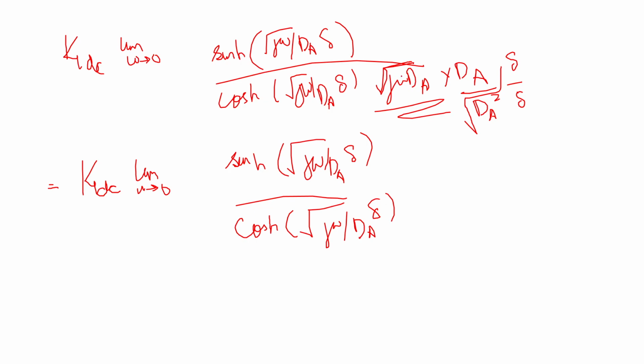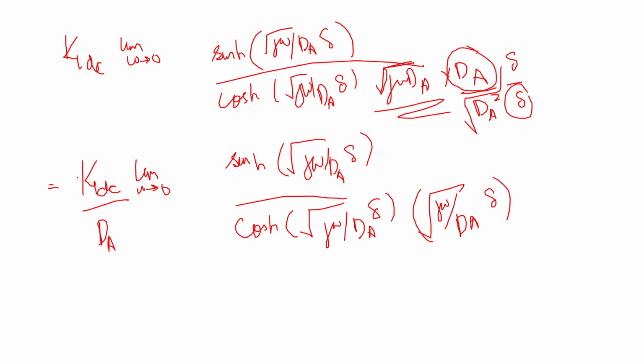I'm just taking this thing inside the square bracket. So what I'll get is root of j omega by dA again, and I also have a del over here. This is similar to the expression inside the bracket. Apart from that I have this dA over here and this del over here. dA by del is a constant, so I can take it out. I hope that's clear.